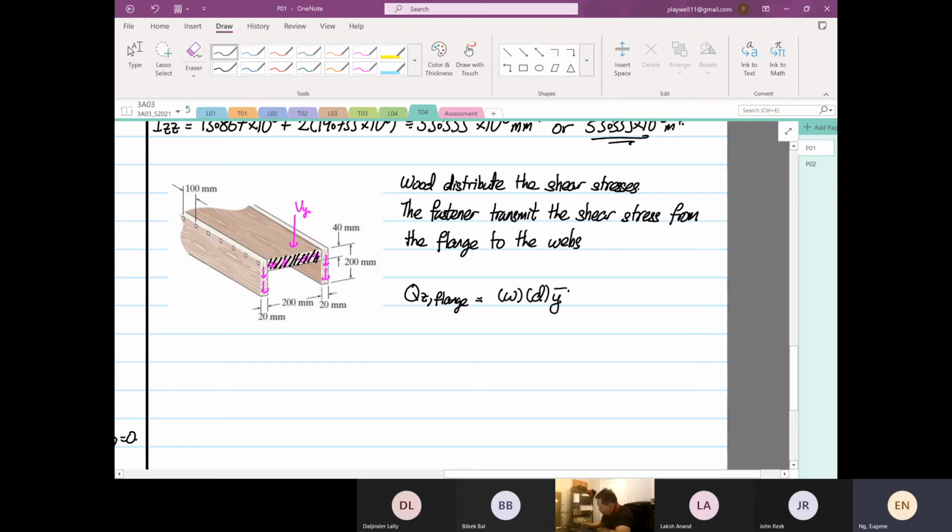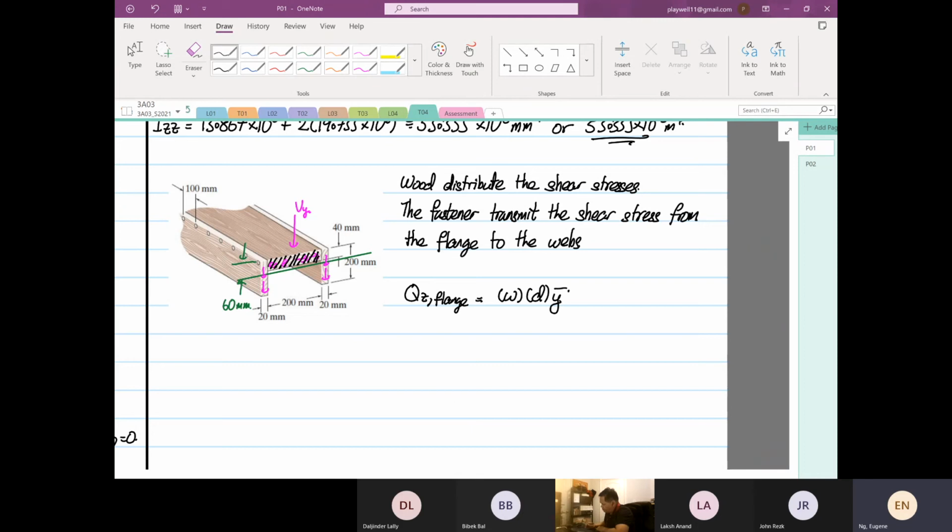So what we know is that the neutral axis, sorry, the centroid, I won't call it neutral axis, the centroid, right, is 60 millimeters. I'm just eyeballing this, okay? So from the top coming down, this is 60 millimeters. Okay, we calculate that.